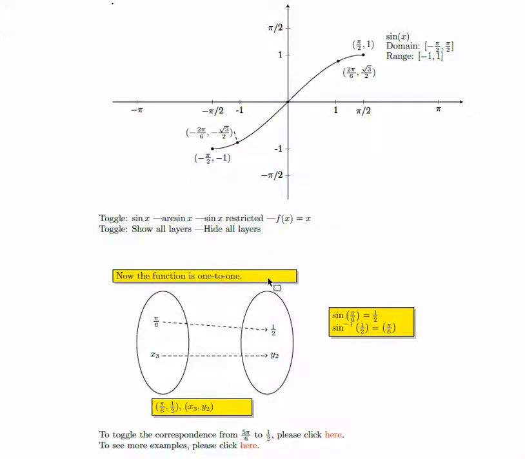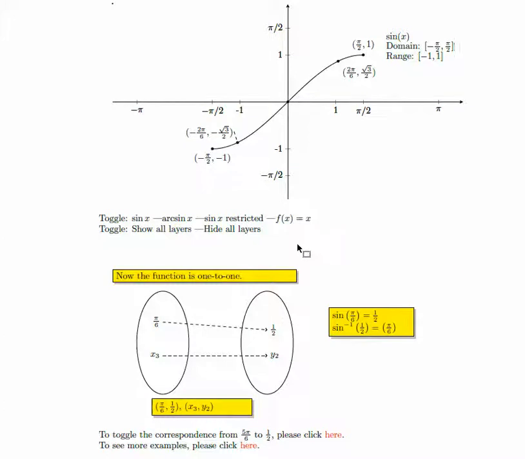Now the function is one-to-one. In this case, when you are given 1/2, the corresponding original value will no longer be 5 pi over 6. It only has pi over 6 corresponding to that.